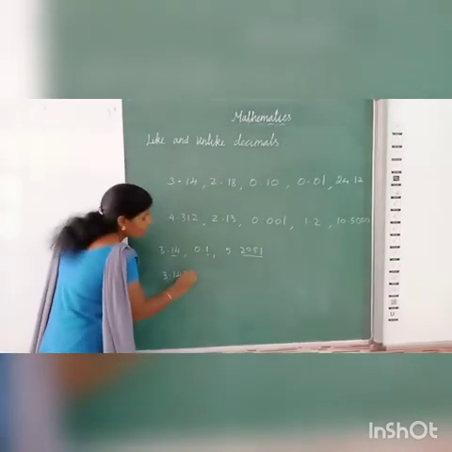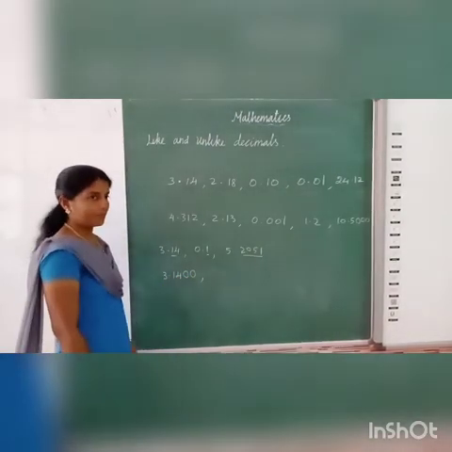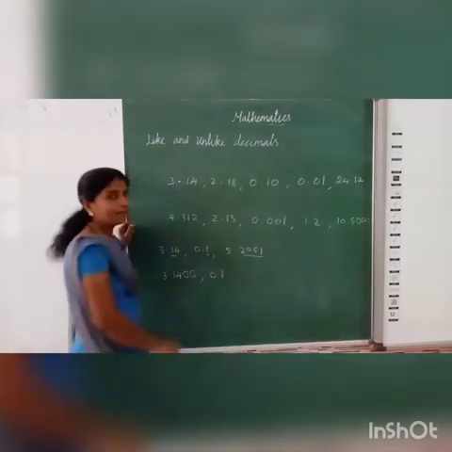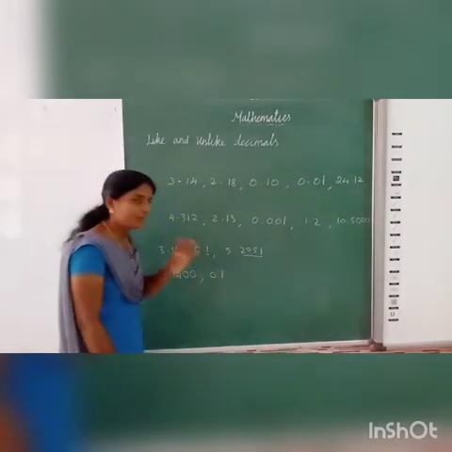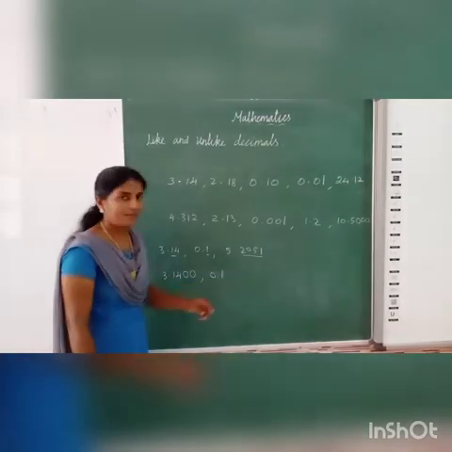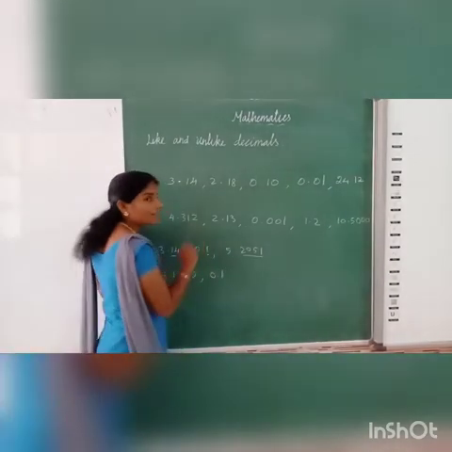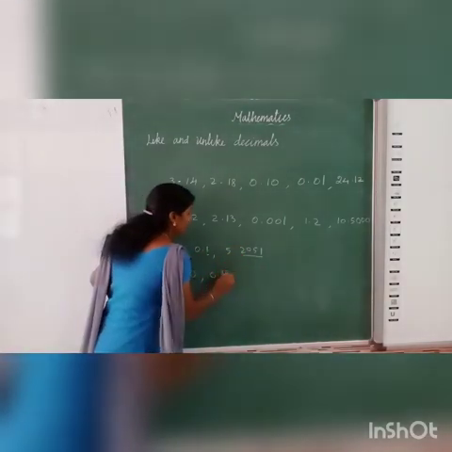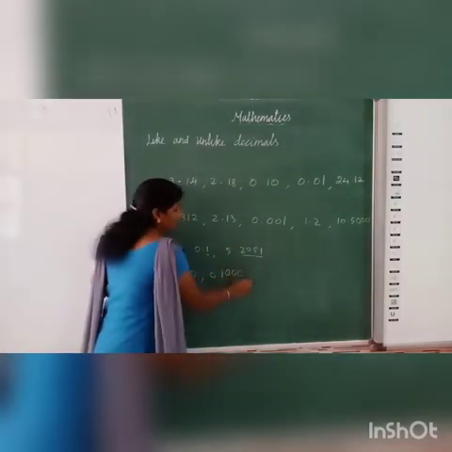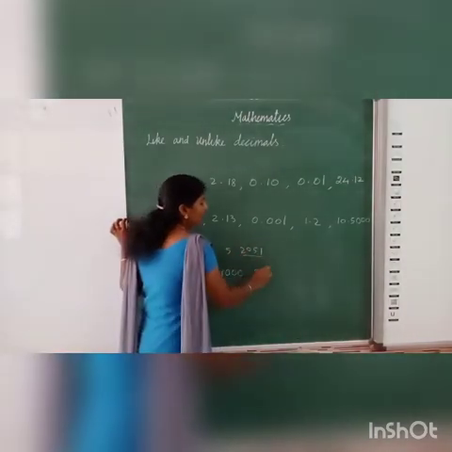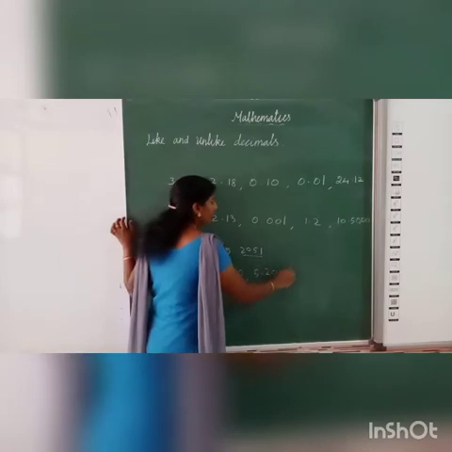So we can add 2 zeros. Now 0.1. Before, no need to add. After the decimal point, after 1 we can add 3 more digits, because here only 1 digit. We need 4 digits. So we can add 3 zeros. Now 5 point. Here we already have 4 digits. So we can write 5.2051.